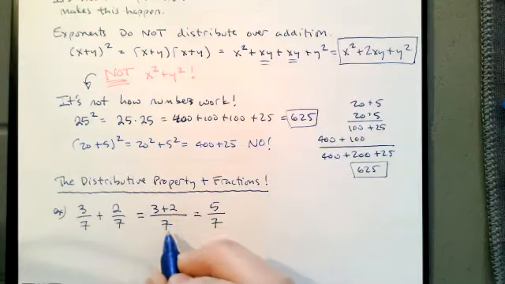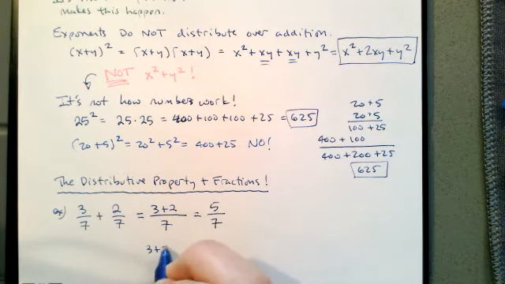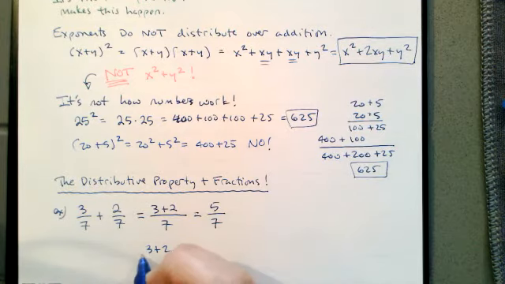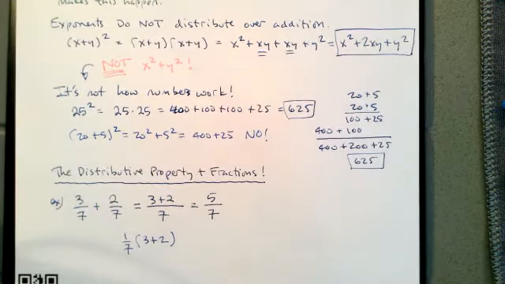So this is 3 plus 2 divided by 7. It's the sum of 3 plus 2, and it's all divided by 7, which is the same thing as multiplying by 1/7. Dividing by 7 is multiplying by 1/7. That's just understanding our operations, how multiplication and division are connected.